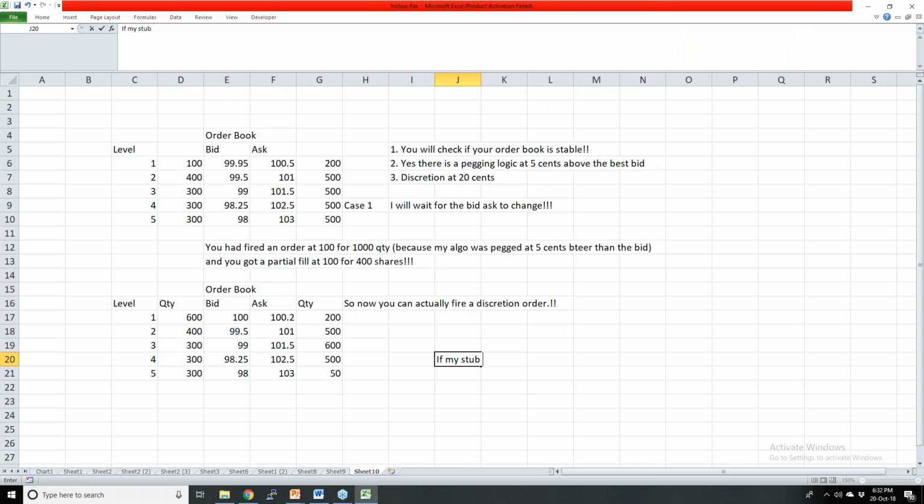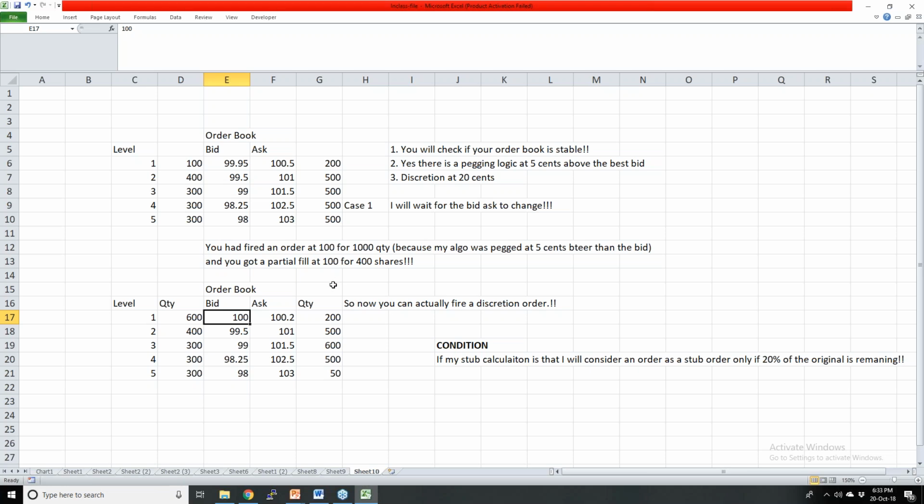If my stub calculation is that I will consider an order a stub order only if 20% of the original is remaining, then according to this, I will use my discretion range, because this order for 600 quantity at 100 is obviously more than the 20%.